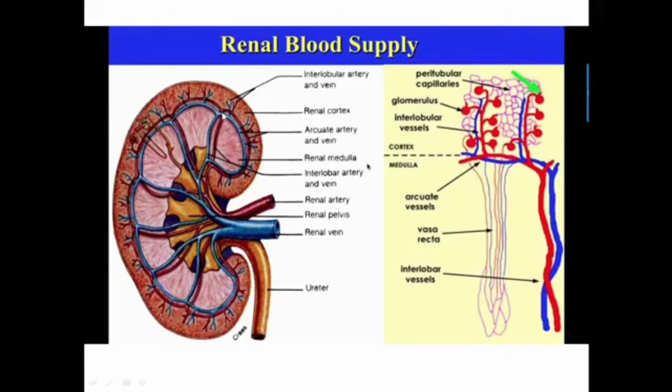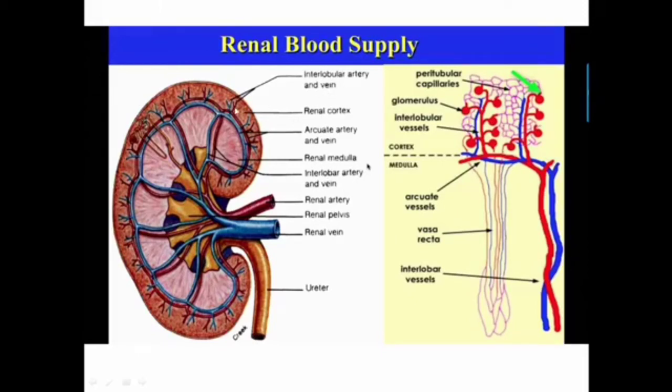Now from the arcuate arteries, small vessels arise and pass in between the lobules. So these are the interlobular arteries. So there is a difference between the interlobar and the interlobular arteries.